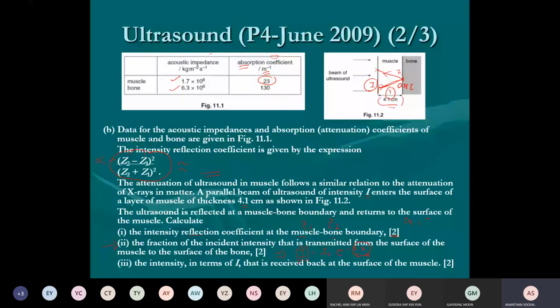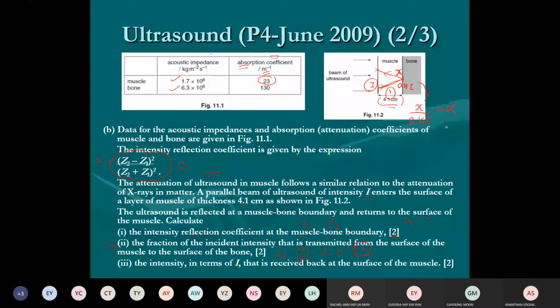To find this x, the one reflected, the x over 0.39 I must be your alpha, the reflection coefficient.